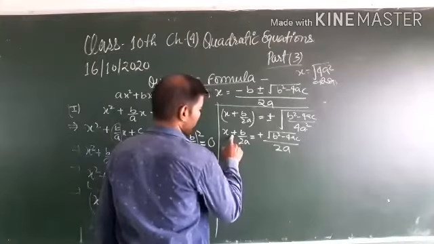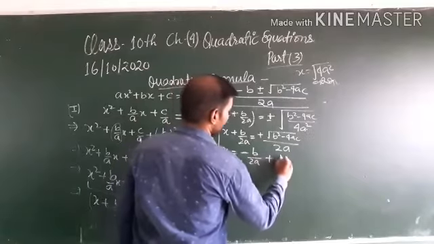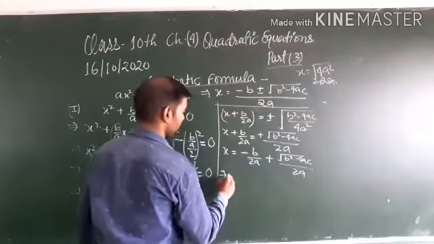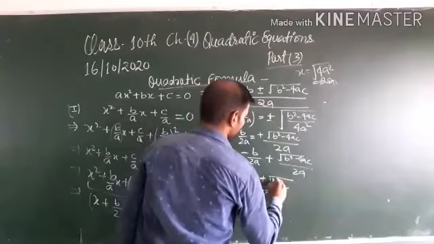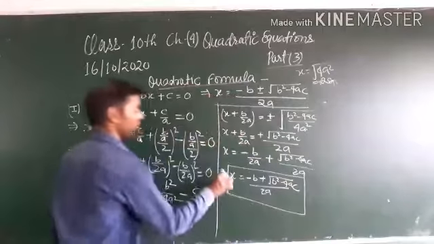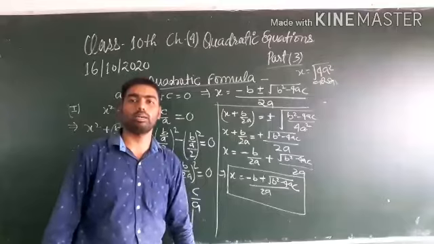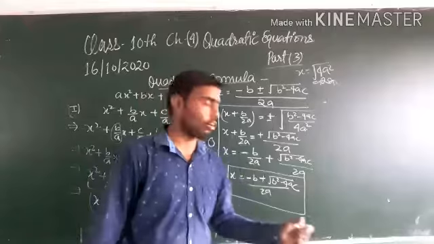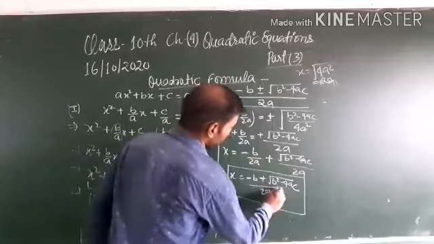So x is equal to, by transformation, minus b upon 2a plus square root of b square minus 4ac upon 2a. Taking LCM, x is equal to minus b plus square root of b square minus 4ac upon 2a. This is the first value. Every quadratic equation has two values. One of them is x is equal to minus b plus square root of b square minus 4ac upon 2a.